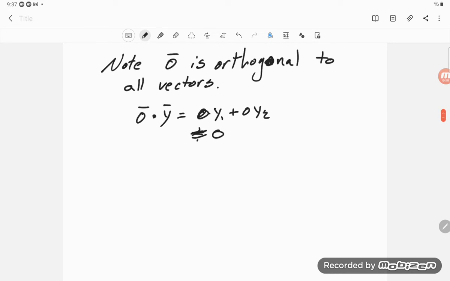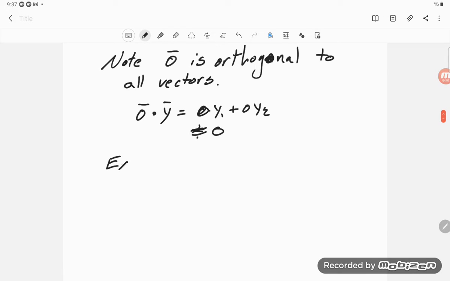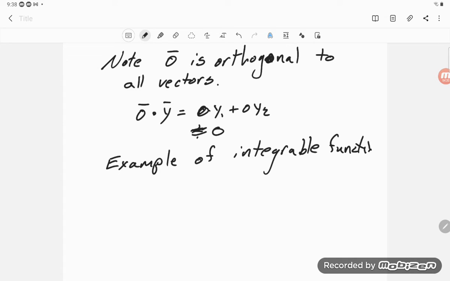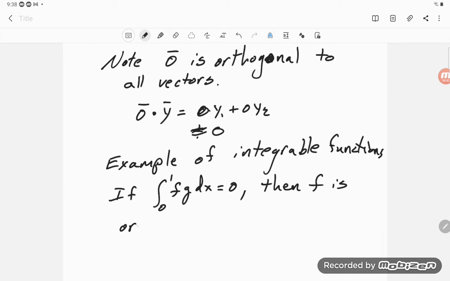And similarly, from our example of integrable functions, what this is saying is that if the integral from 0 to 1 of f times g dx is equal to 0, then f is orthogonal to g.